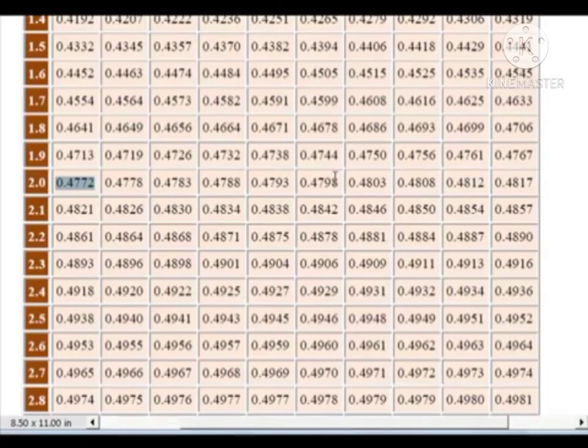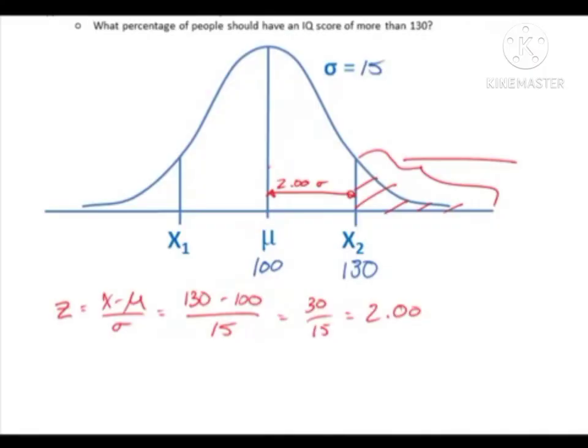When we look at the z table, again we find that 2.00 corresponds with the area of 0.4772. The distance between x and mu is equal to 0.4772.